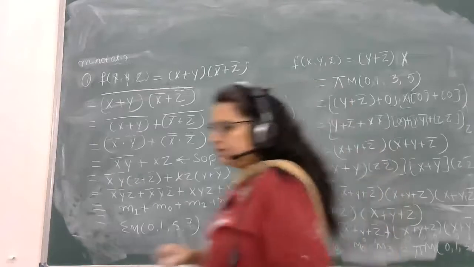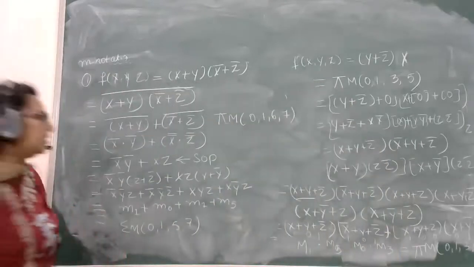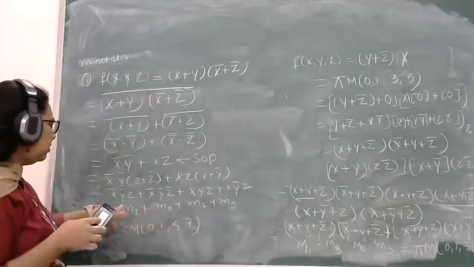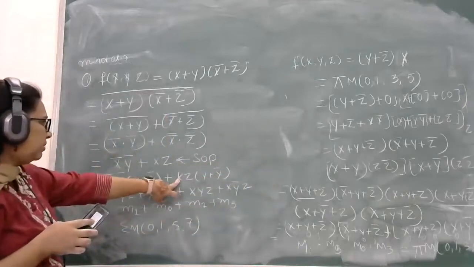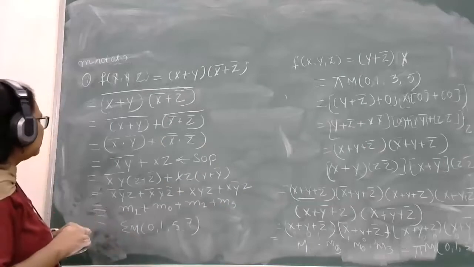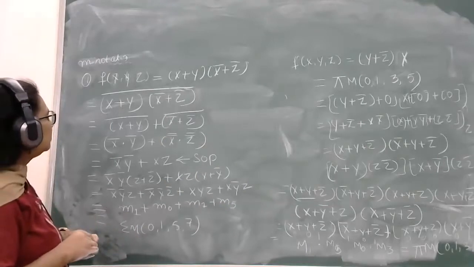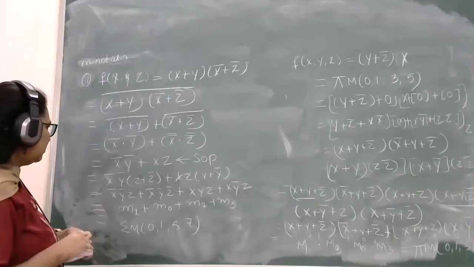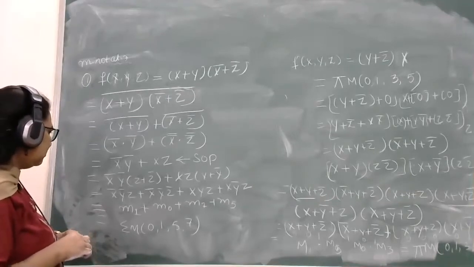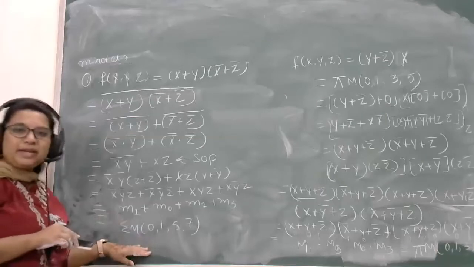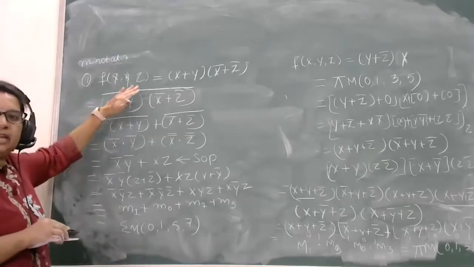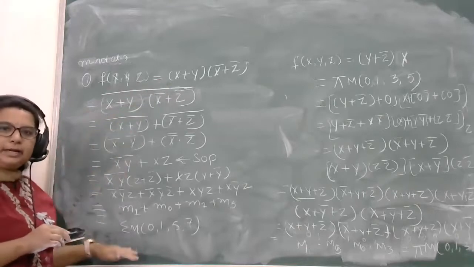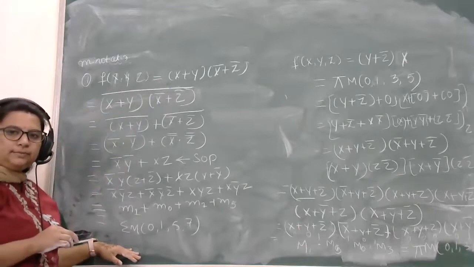Okay, let us see. So this is how I will be converting my big M notation, from the POS form, I'll get it into an SOP.